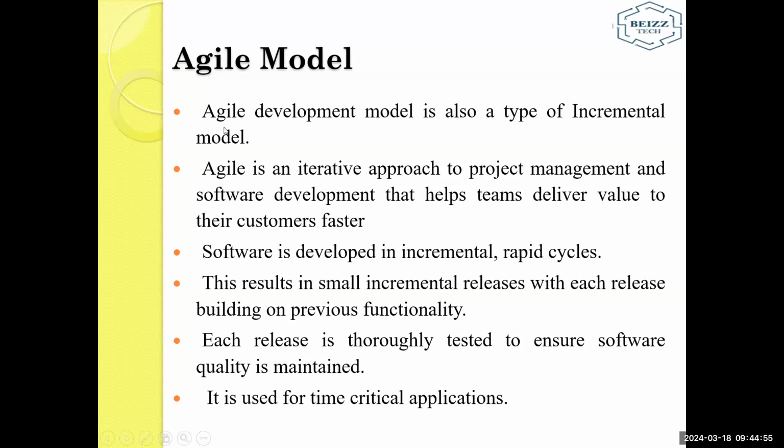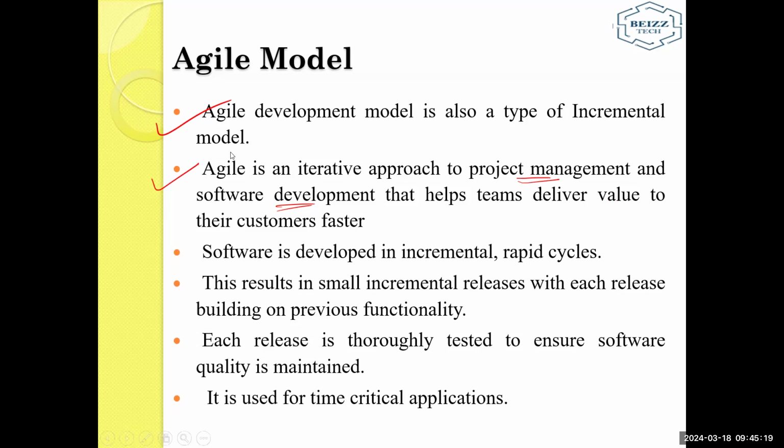So first point, what is the theory? Just have a look. Agile development is a model, and it is also a type of incremental model, because we develop the software application in multiple iterations. Agile is an iterative approach for project management as well as software development, and it helps the team deliver value to their customer faster.